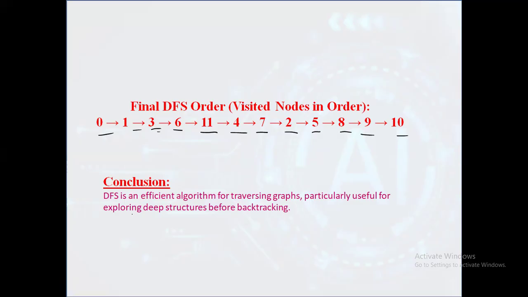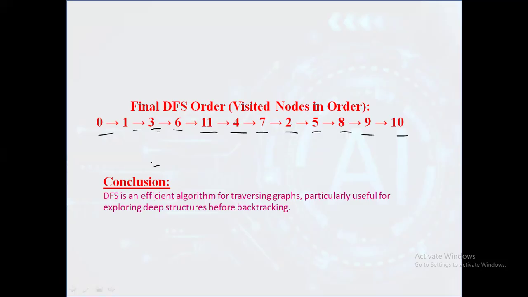So coming to the conclusion, depth first search, DFS, is an efficient algorithm for traversing or searching through graphs, often employed in scenarios where exploring deep structure is essential. It starts at the given node and explores as far as possible along each branch before backtracking.